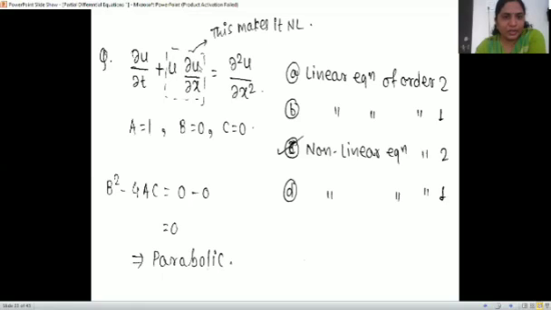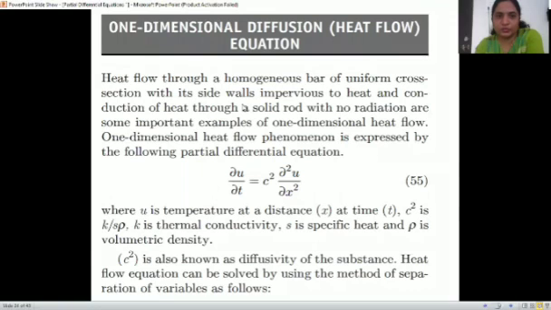But here the derivative term is multiplied with the dependent variable. That's why it is a non-linear equation. So this is non-linear, and the order is 2. We can easily see the highest power of the derivative is 2. So non-linear and order 2.